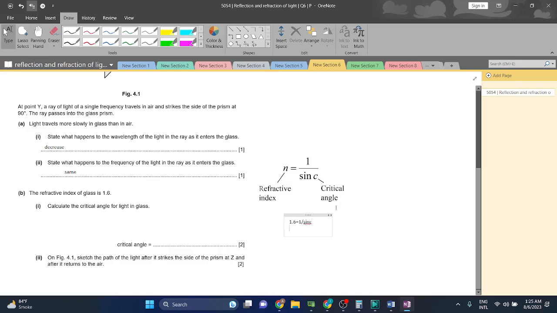Now let's calculate this. We make sin c the subject.